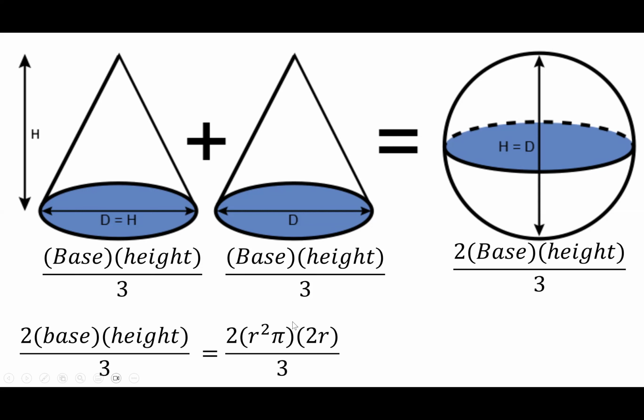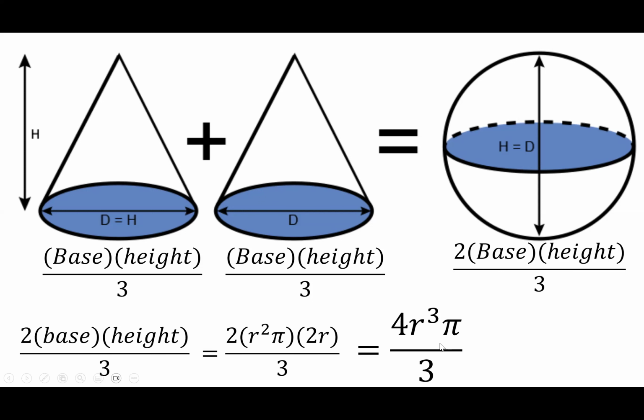So I'm going to say my formula for the volume of a sphere is going to be 4 times radius cubed times pi divided by 3. Again, I multiplied 2 times 2 on the top to get the 4. Radius, I just added the exponents. 2 plus 1 gave me radius to the 3rd. So again, it's going to be 4 times radius cubed times pi, all of this divided by 3.